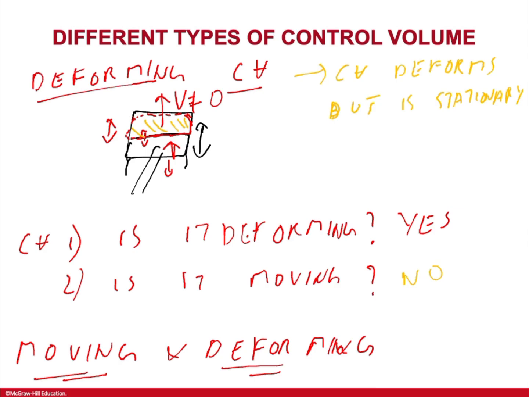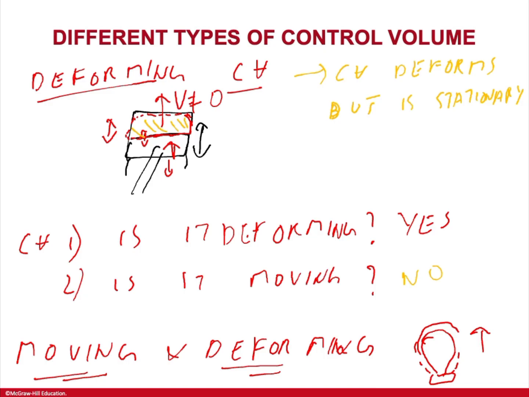In that case you can think of a hot air balloon. It is rising up in the atmosphere, but as it does so, the balloon's shape is also changing because the atmospheric pressure is changing as it increases altitude. So that is one example you can think of for a moving and deforming control volume.